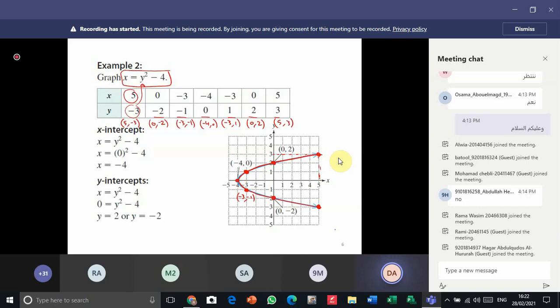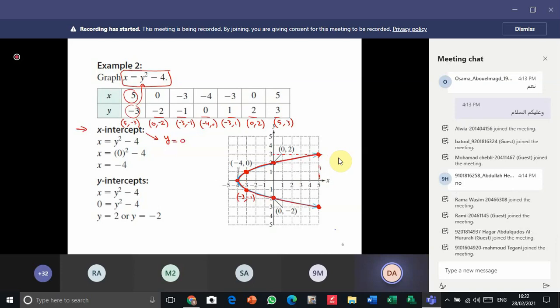Now we need to find the x-intercept, for example. If we need to find the x-intercept, this means y equals 0. So this is the relation, x equals y squared minus 4.